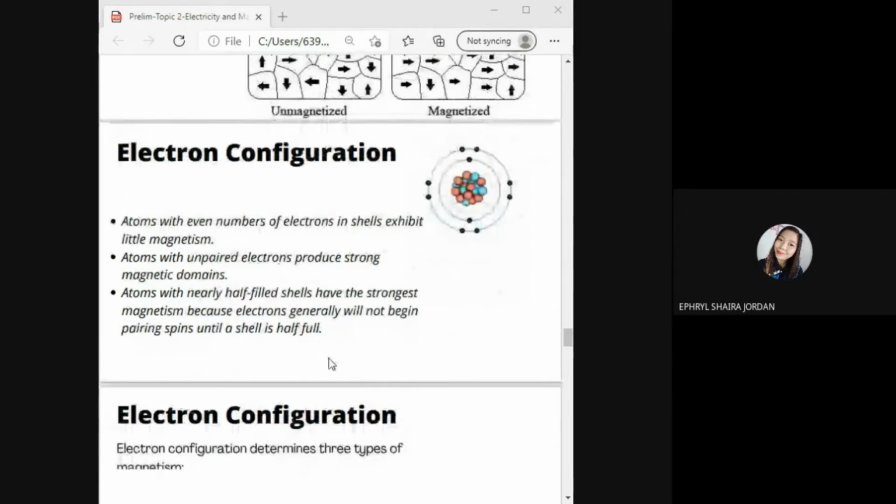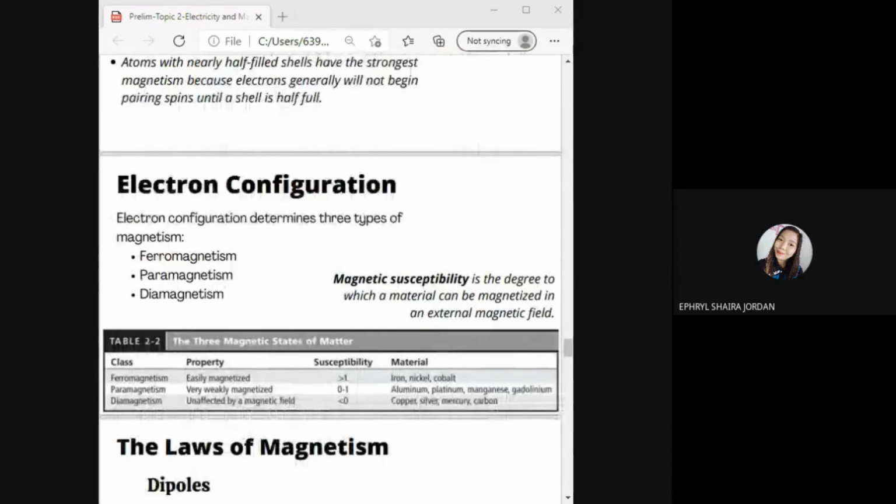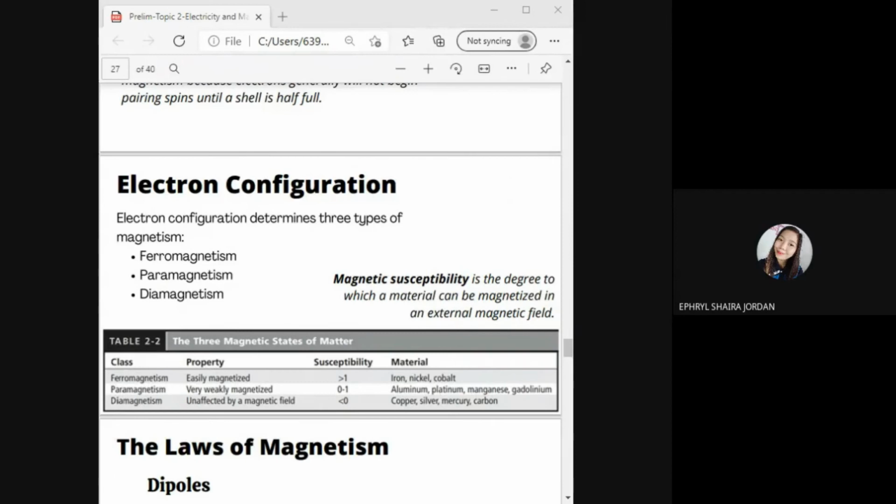Now, electron configuration determines three types of magnetism. So, ito pala ang nag-determine ng types of magnetism. So, there are basically three magnetic states of matter: ferromagnetism, paramagnetism, and diamagnetism. Ferromagnetic materials, so this first one, have a magnetic susceptibility of greater than 1.